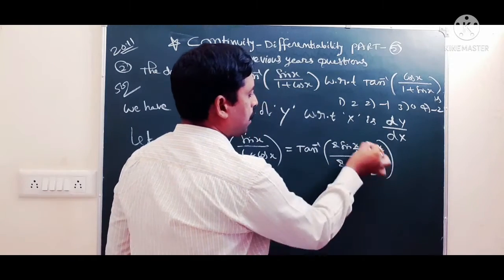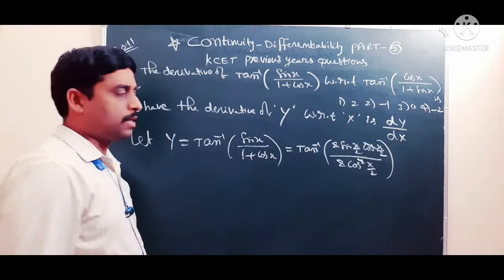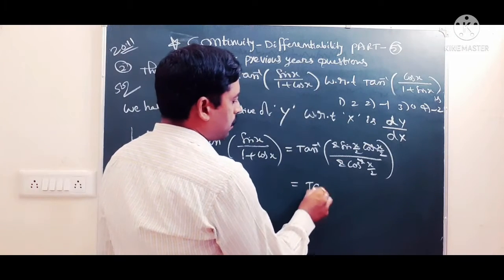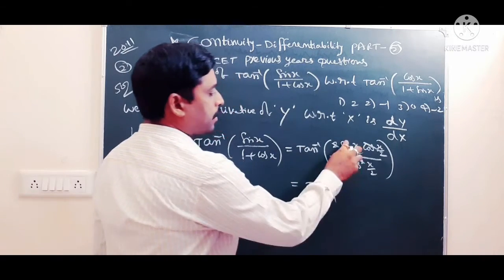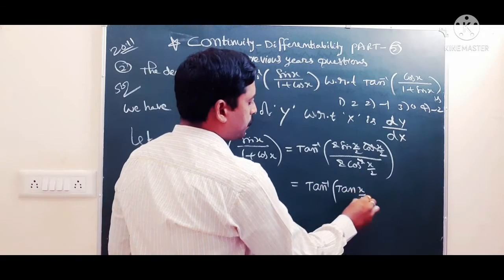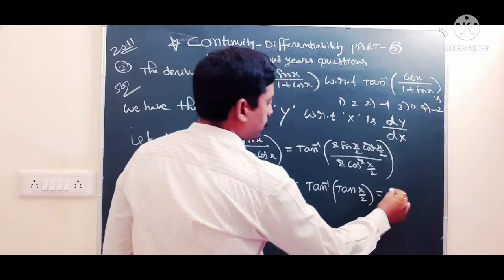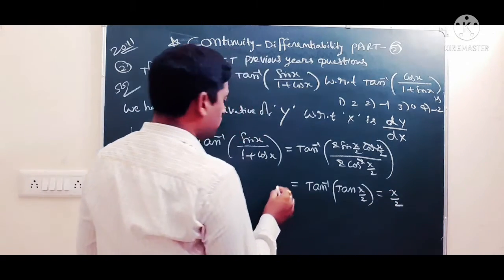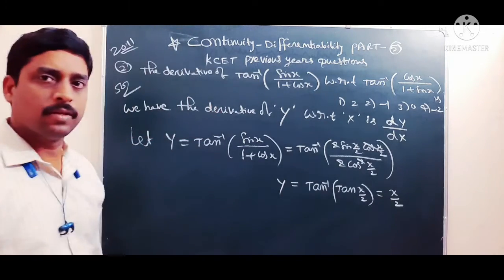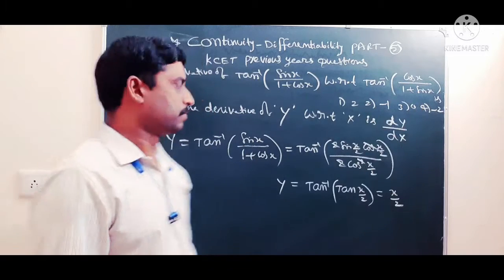In this one 2 as well as cos x by 2 cancel. So this will be tan inverse of sin x by 2 by cos x by 2. This is going to be tan x by 2. So tan inverse of tan x by 2, this is nothing but x by 2. So what is y value? Y value. Okay.